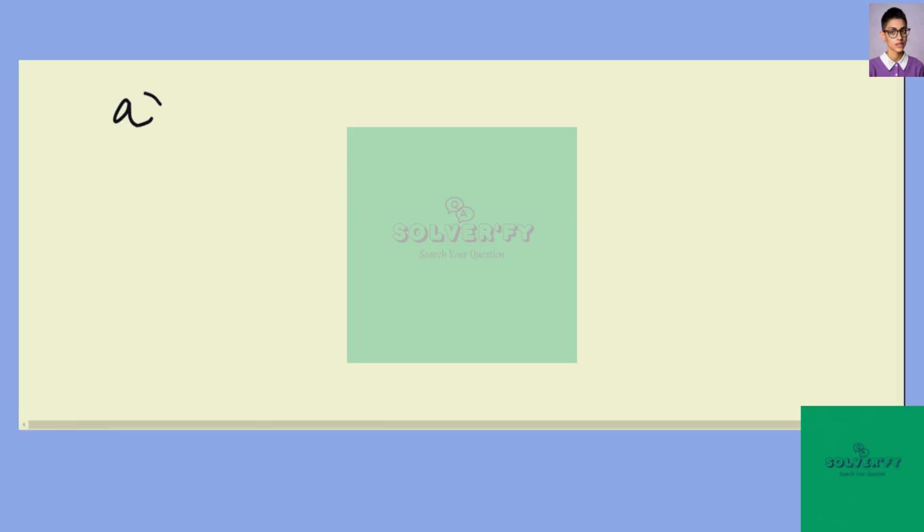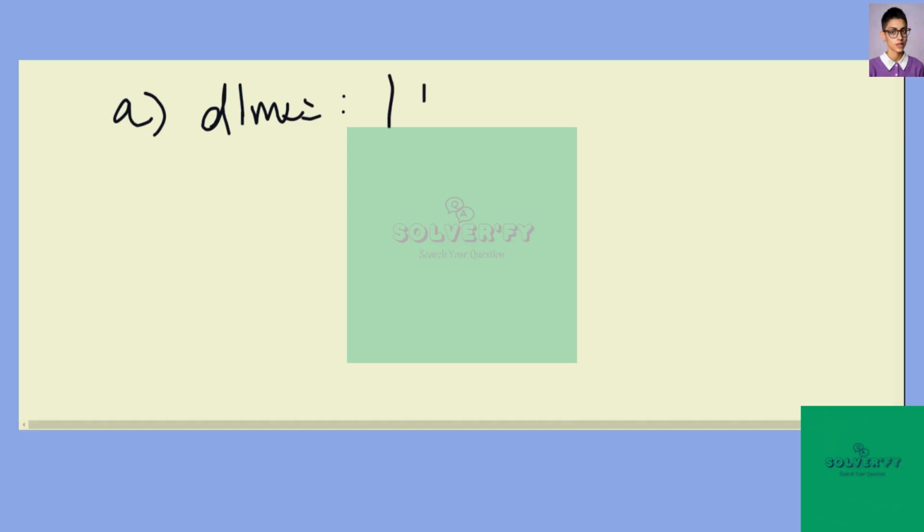So the generating function for dimes, since these are 10 cents, contains all powers of x divisible by 10.